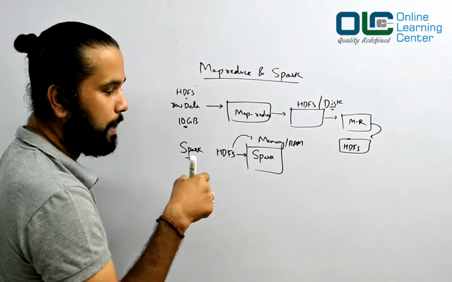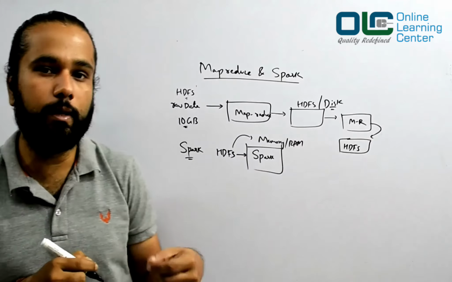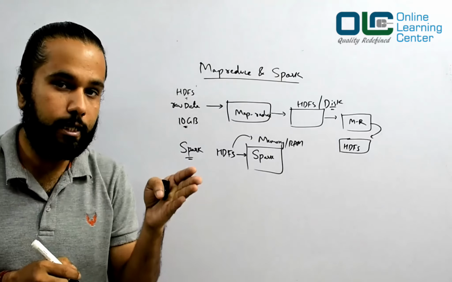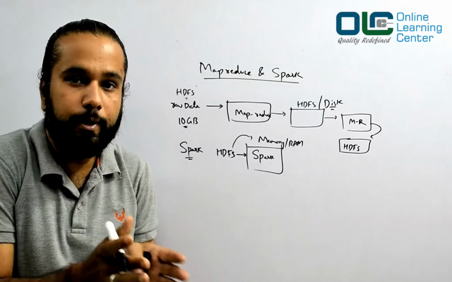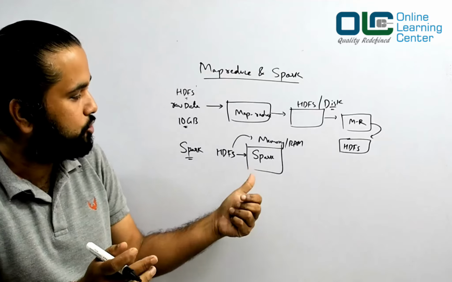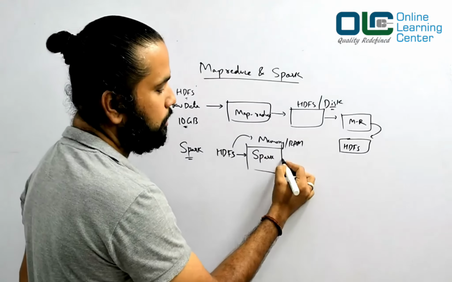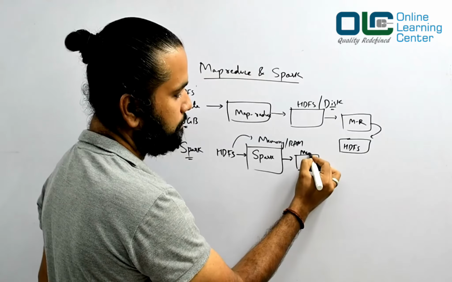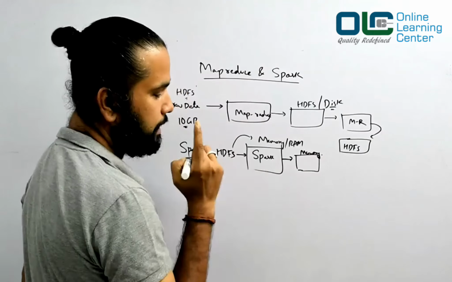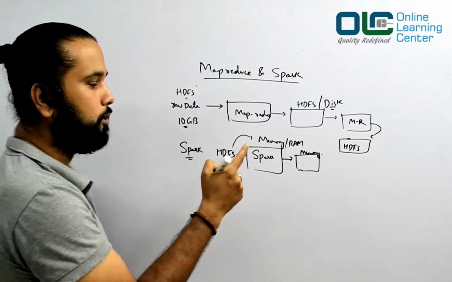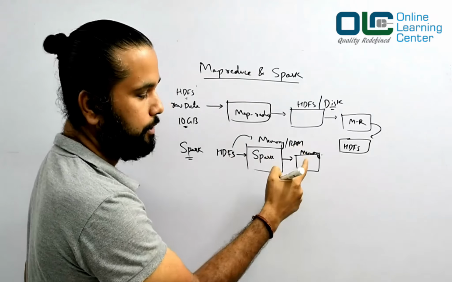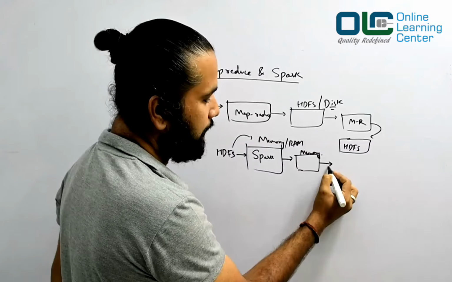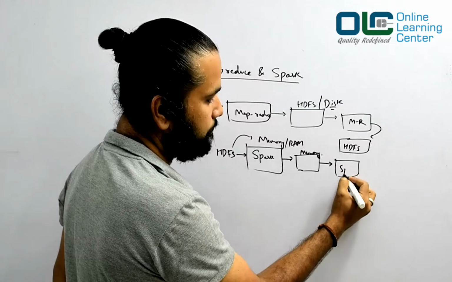Spark starts processing the data in memory itself, and the intermediate output of this Spark job is still in memory. Then you write another Spark job.